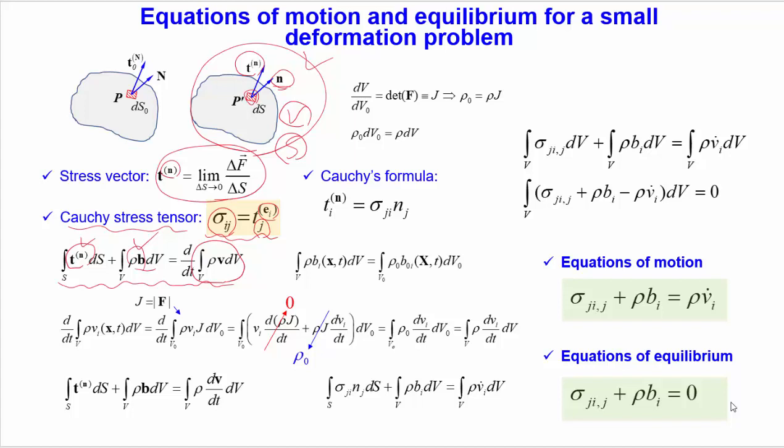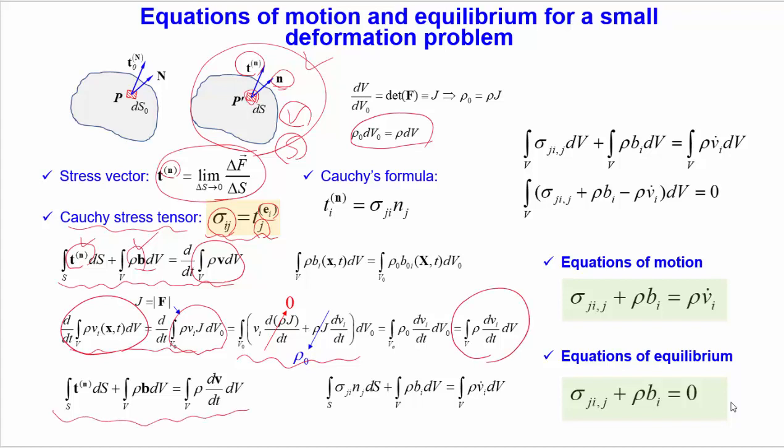Applying the relation between dV and dV0 to transform the integral in the spatial coordinate system to that in the material coordinate system like this, and some simple arithmetic operations, we arrive at the conclusion that this equals this. Therefore, we can obtain this integral equation.